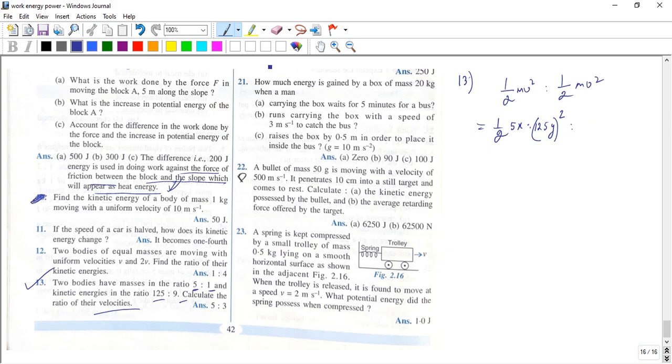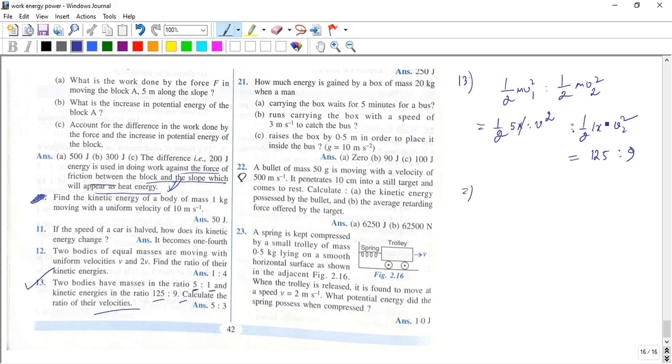Find their velocity square, that is v1 square and v2 square. So that is also half, that is 1x times v2 square. So their ratio is 125 ratio 9.